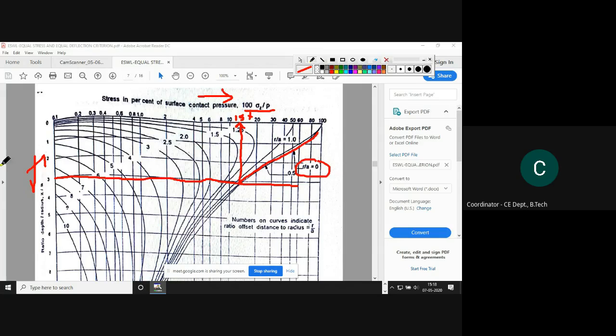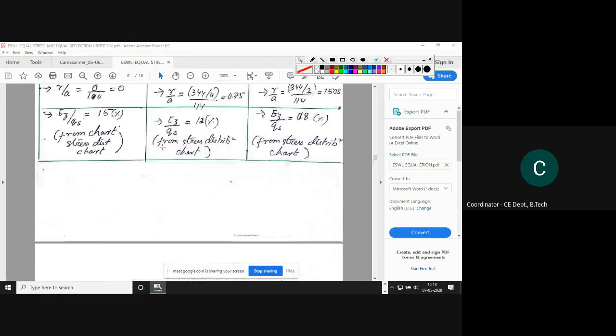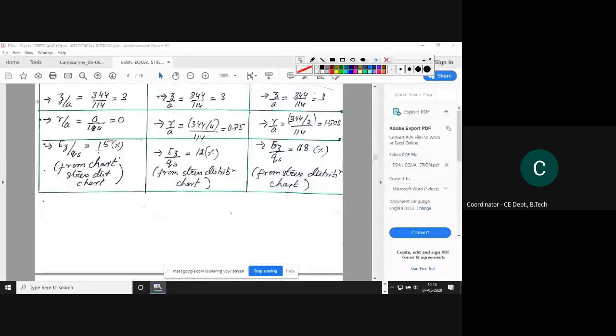So for point number 1, whose Z by A is 3 and whose R by A is 0, the corresponding sigma Z by P will be 15%. See, I got 15%. It will be provided in the equations.